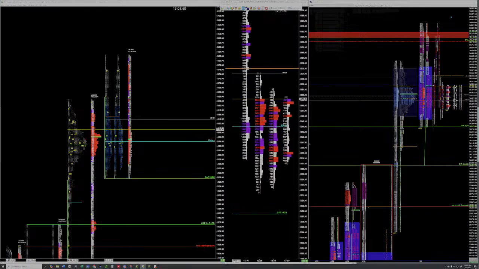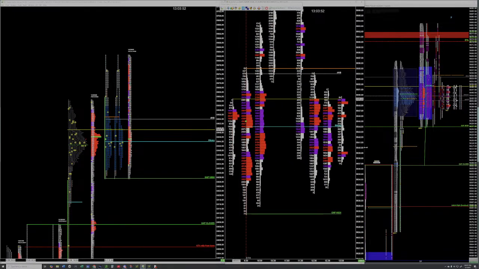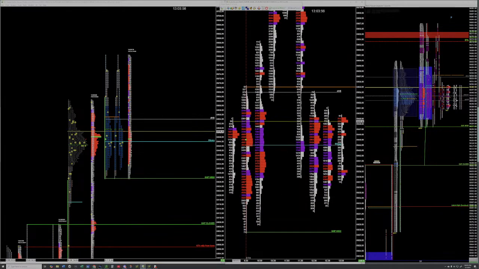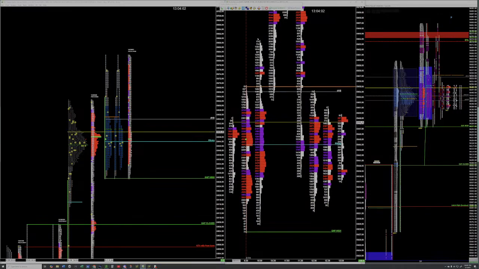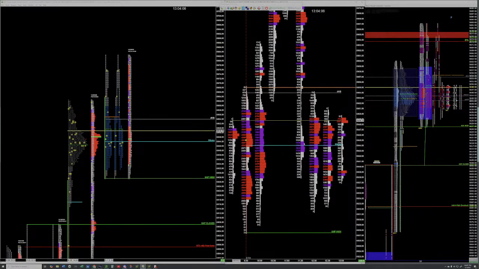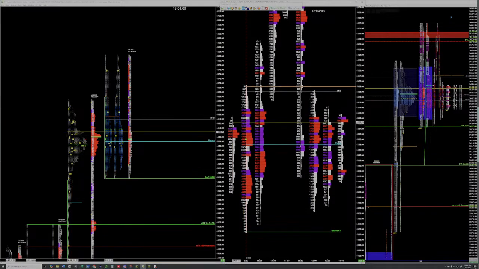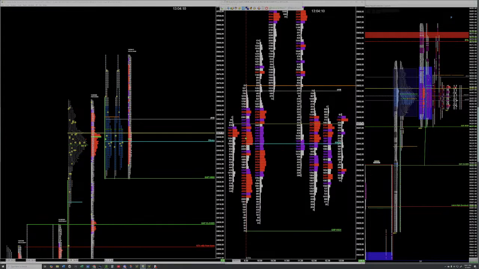Okay, let's expand this a little bit. Now it's better, because this is the opening period. And notice how volume is being accumulated here. You have volume here. We have this period. Most of the volume is on top of this one. We have something here, and this was something to the downside.